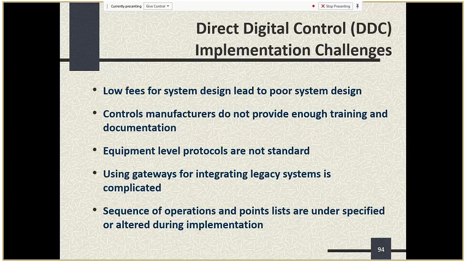Another issue that can come up is if the sequences of operations are poorly written or underspecified or altered during implementation and not well documented, and then you start troubleshooting and you find out, whoops, what's going on, and you have to start doing detective work to figure out what happened.